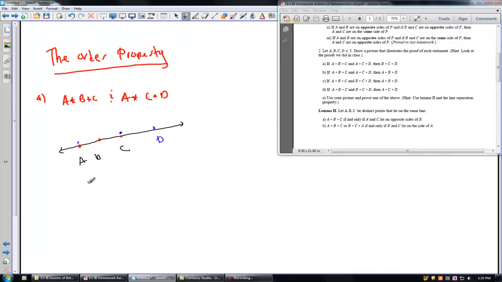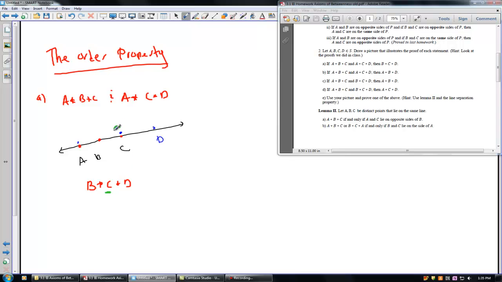We want to show in part A, B star C star D. So basically you want to show C is between B and D. And the way we're going to do this is you have to pick one of these points, and the point you pick is the thing in the middle. So we want to show B and D are on opposite sides of C.